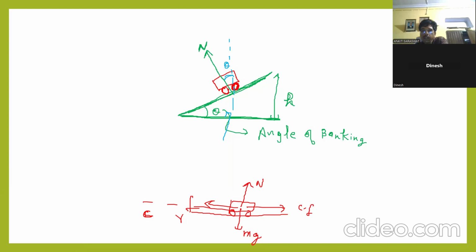Now one component of this will be N cos theta. The weight will be like this, this is the weight of the car. N cos theta and N sin theta, not here actually, this one.